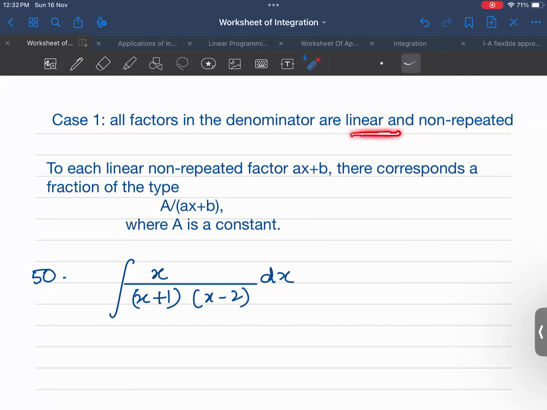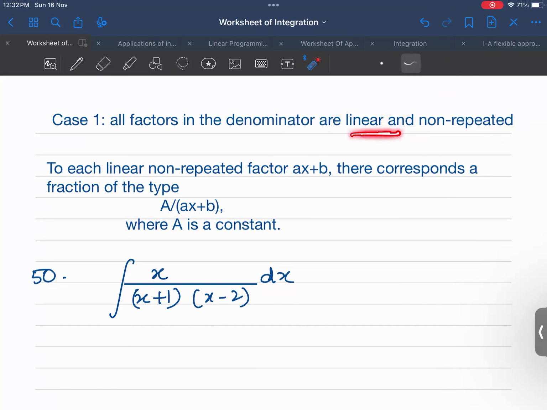So when I put x equals 2 in this, 2 equals A(2 minus 2) plus B(2 plus 1). We are putting these values so that we can get the constants A and B. The A term comes out to be 0, and 3B equals 2, so B is equal to 2 upon 3.